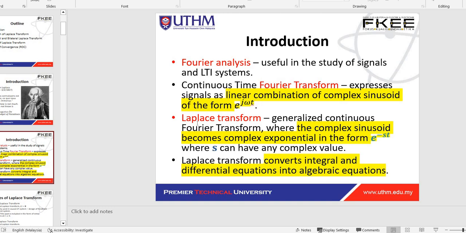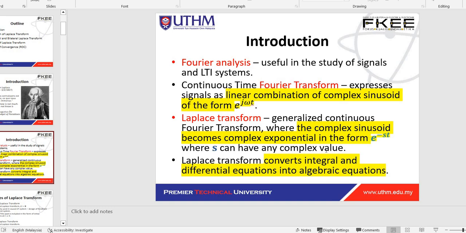And for this chapter, you'll learn about the Laplace transform. This Laplace transform actually is a continuation of the Fourier transform, where the complex sinusoid becomes a complex exponential, in the form of exponent negative st. So in this topic, you won't see any omega domain, but you will see the s domain.